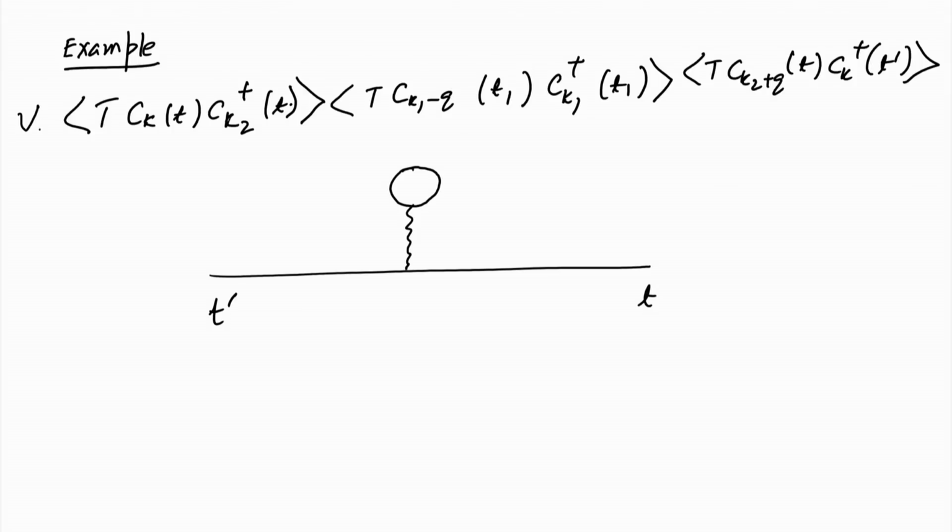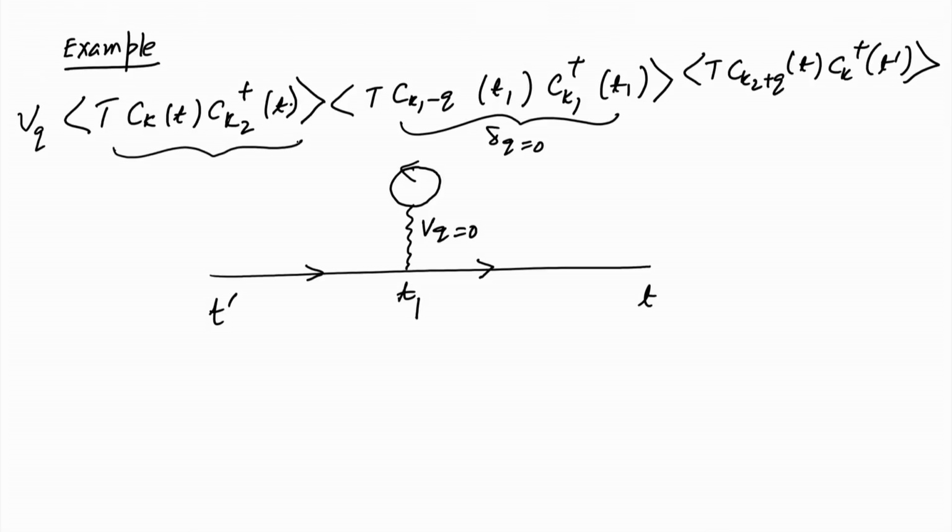This corresponds to delta q equal to 0, so this interaction term corresponds to v q equal to 0. This is one Green's function, taking it from some t prime to some intermediate t 1, and this is another Green's function, and this is that term which is here.